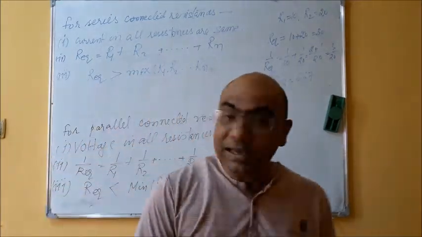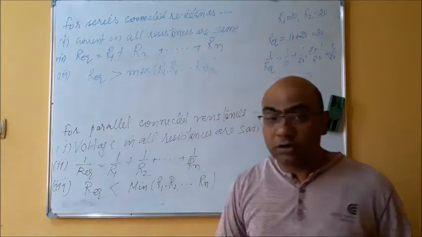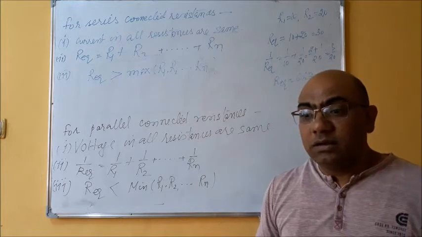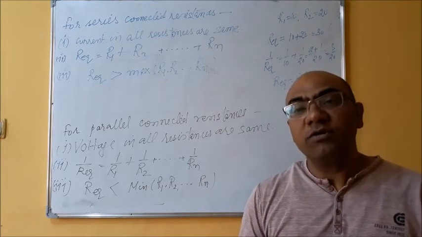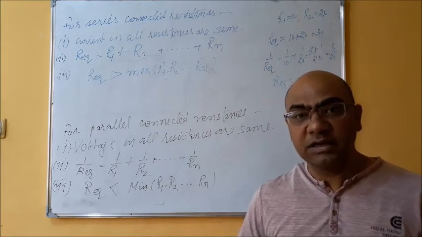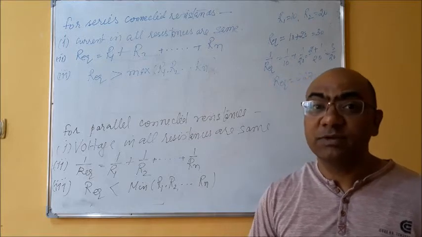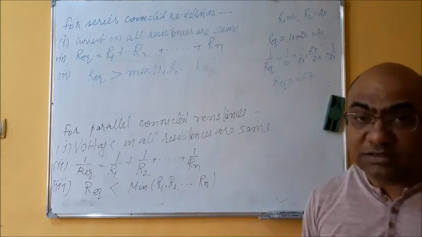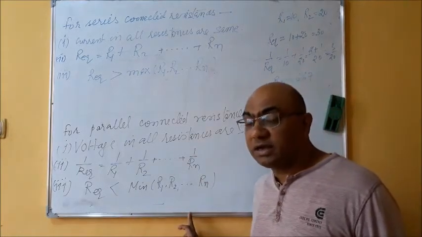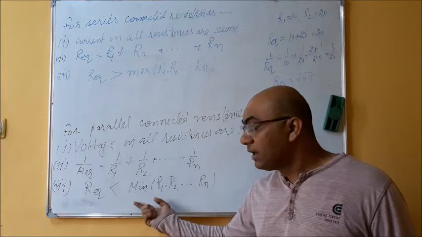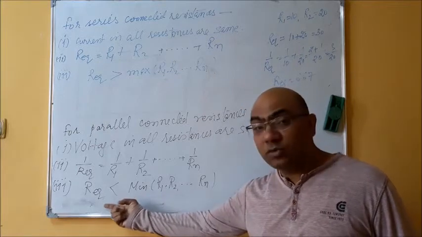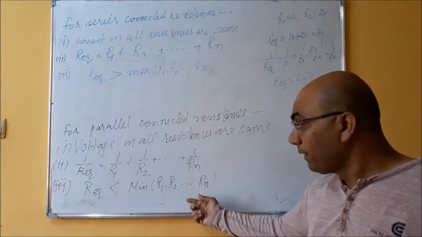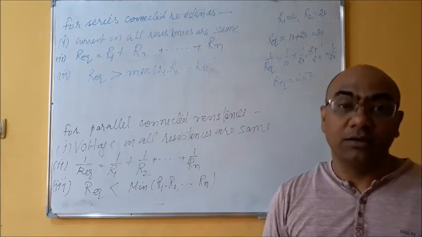Okay, so theoretically I can say that if I have number of resistances connected in series, then the equivalent resistance will be more than the value of the highest resistance. And similarly, if resistances are connected in parallel, then the equivalent resistance will be less than the minimum value of the resistance connected in parallel.